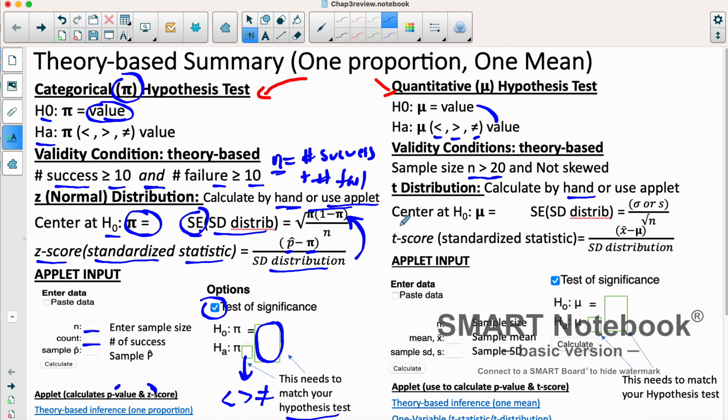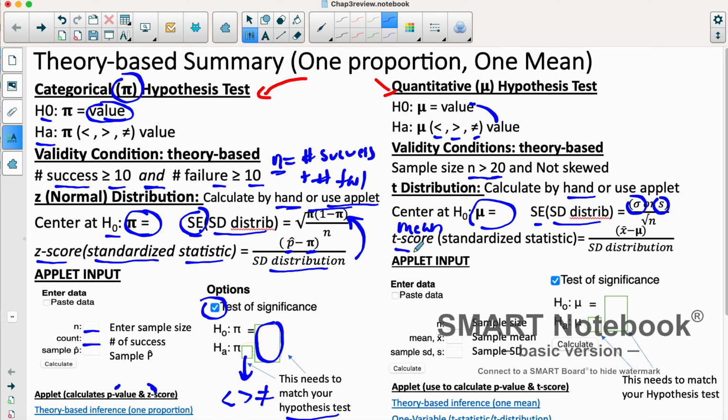The center or the mean of the distribution is going to be at mu equals whatever this value is. We can calculate the standard error, the standard deviation of the distribution, by putting either sigma, the standard deviation of the population, or S, the standard deviation of the sample, divided by the square root of n.